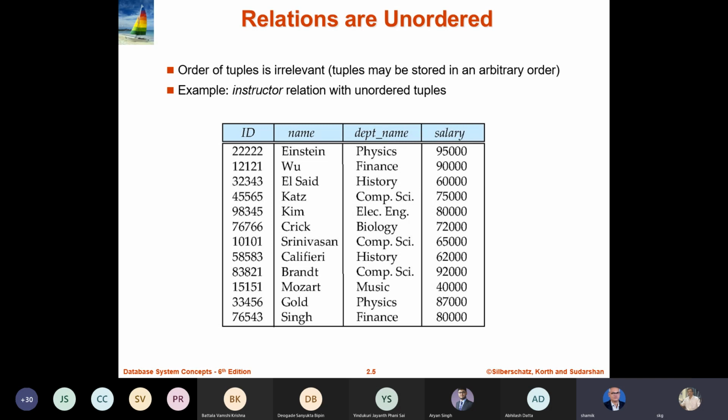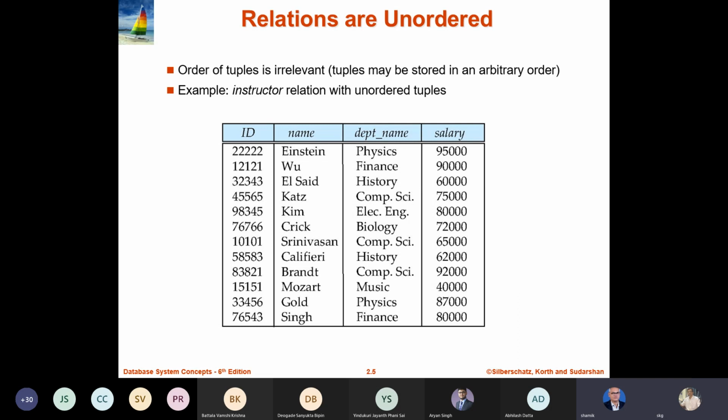Later on, we'll see some of these things when we look into how to store. As of now, we are not looking into how things are physically stored, or if I want to search something, how it will be searched. We'll see that later on.